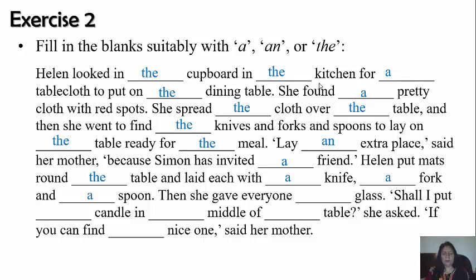Then she gave everyone a glass. Shall I put a candle in the middle of the table? she asked. If you can find a nice one, said her mother. So I hope you can understand why we have used a, an or the and where.